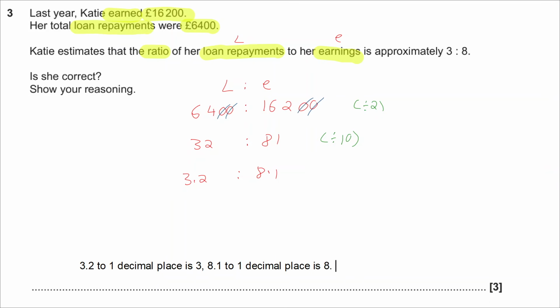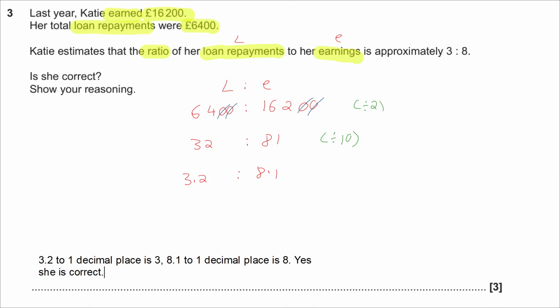So yes, she is correct. It's really important that you do give your final statement just to get the extra mark at the end. Good. Okay, so that's question 3 done and in the bank.